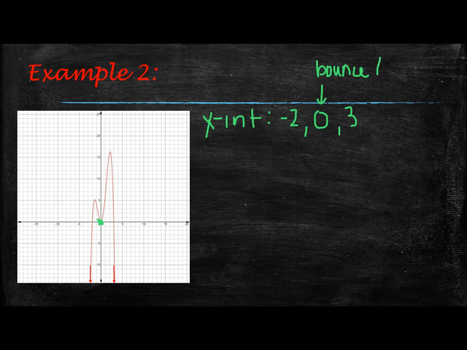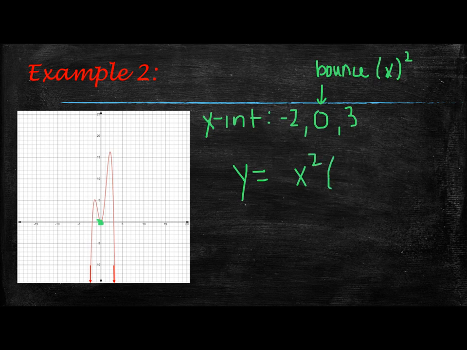So when I write that, x minus 0, which would just be x, I'm going to have a power of 2. Okay, so let's go ahead and write our intercepts. So y equals, we'll have the x first, and it'll be x squared.